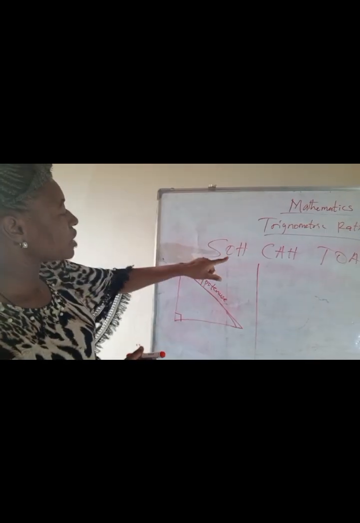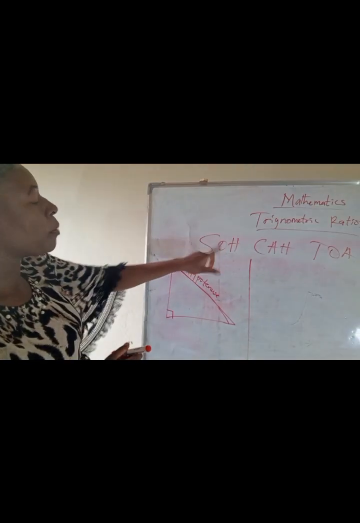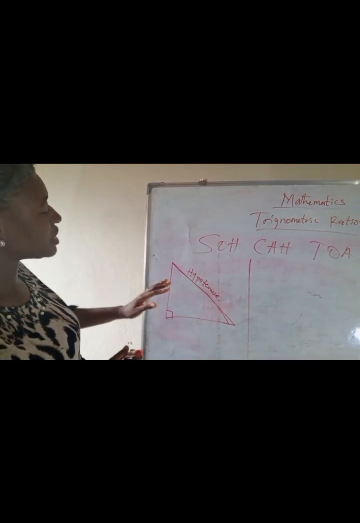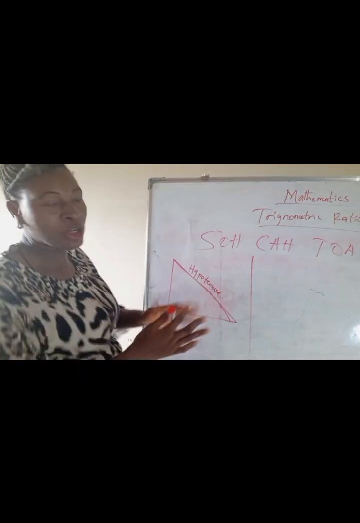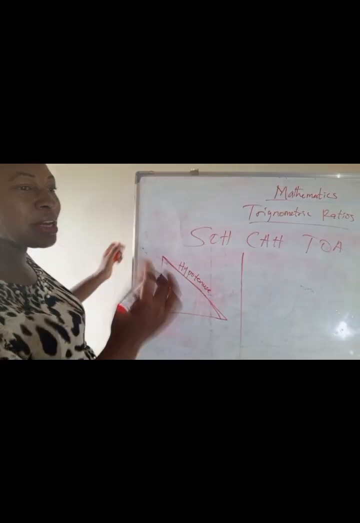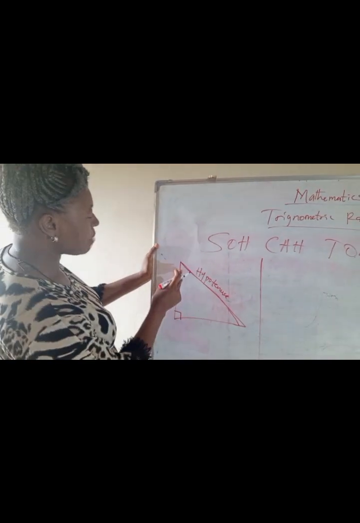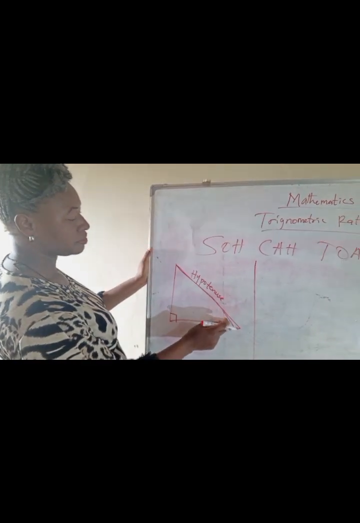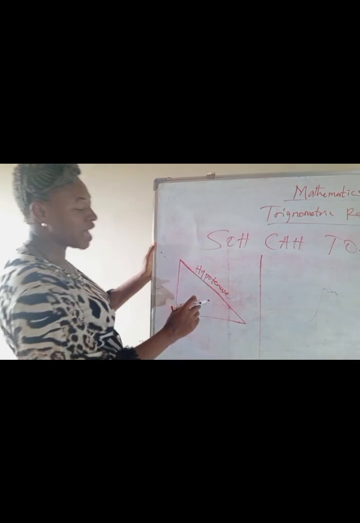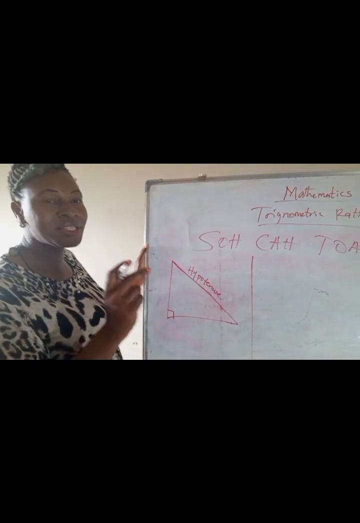Now, this O stands for opposite. And the opposite is opposite of the angle. So your remaining acute angle can be here or here. It is the place of the angle that determines the opposite side.